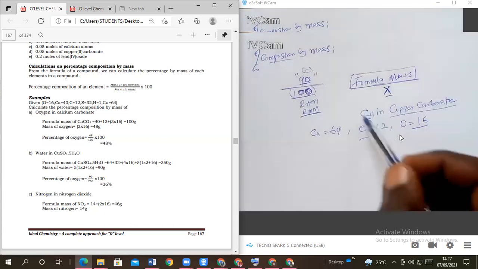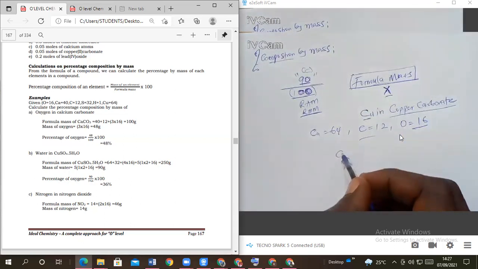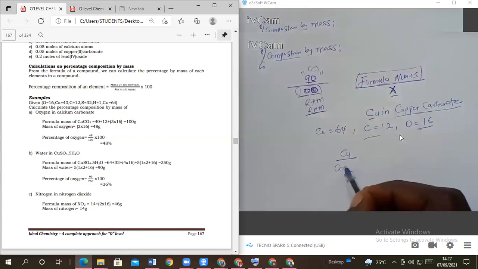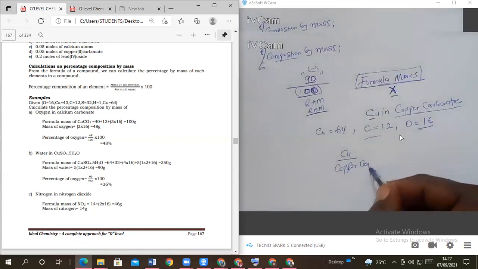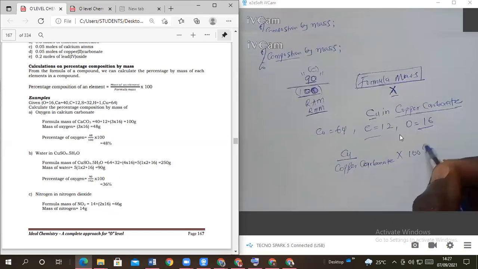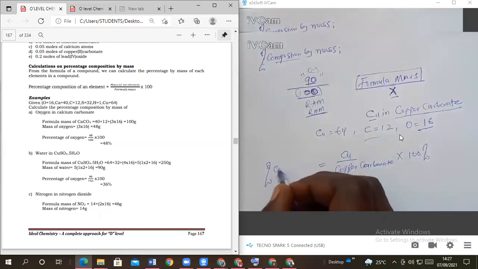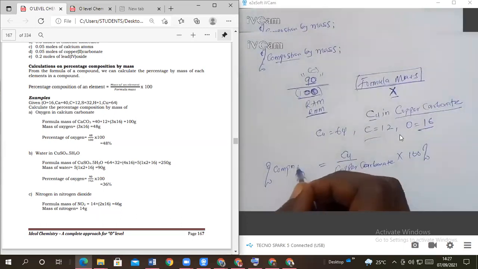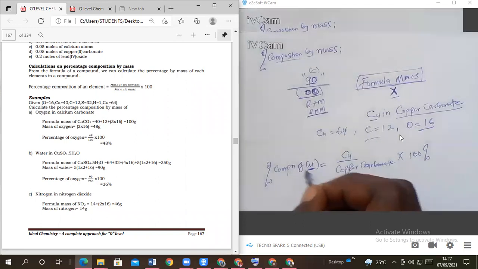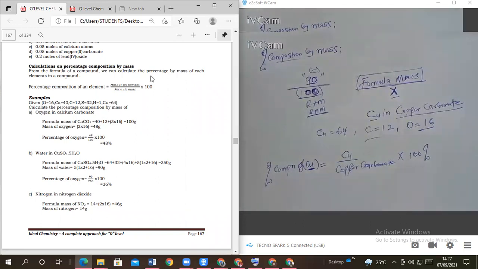Then they want the value for copper. You say copper out of copper carbonate times 100%. That is percentage composition of copper. So if they say percent composition by mass of an element, this is what they mean.